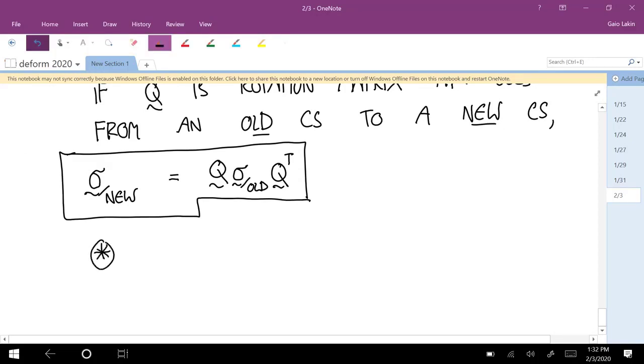So one thing to notice about this: for vectors, you only need to multiply by one rotation matrix, and here you have to multiply by 2. So you need 2 rotation matrices for tensors.